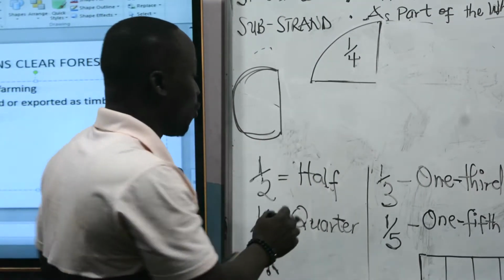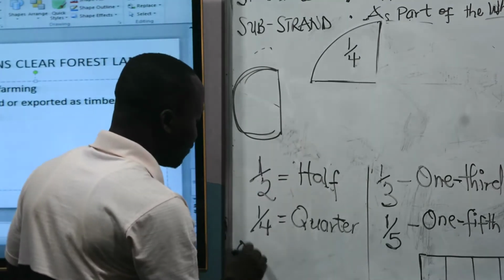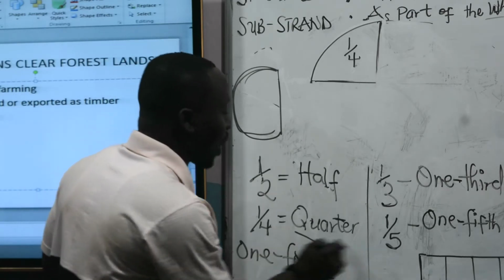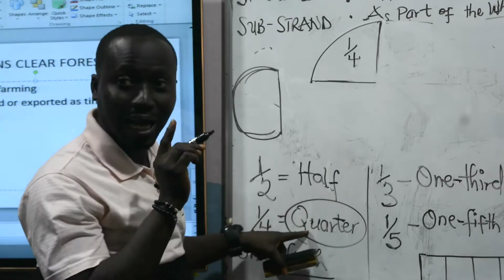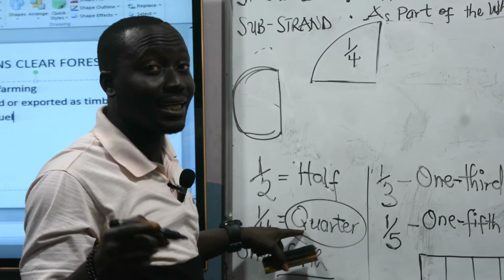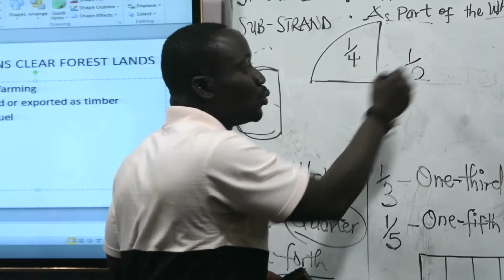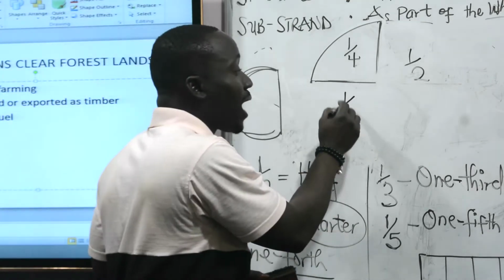And in fraction, 1/4 can also be referred to as a quarter. That is why we learned about half past and quarter past. Half is 1/2 and a quarter is 1/4.